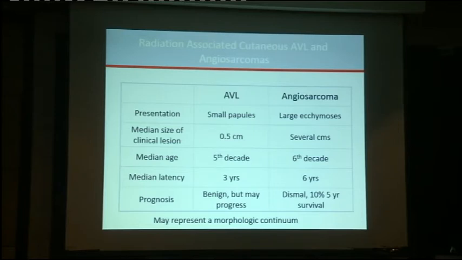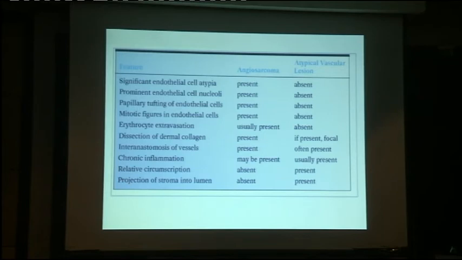Although a few patients have been reported to progress to angiosarcoma, the great majority of these lesions are benign. Some people feel that they may represent a morphologic continuum, this being the most benign spectrum of malignant vascular lesions.